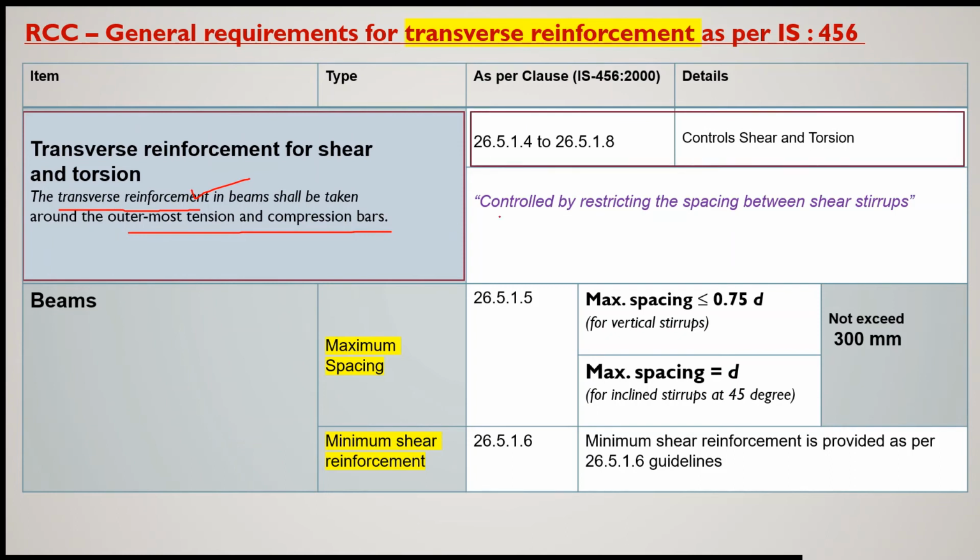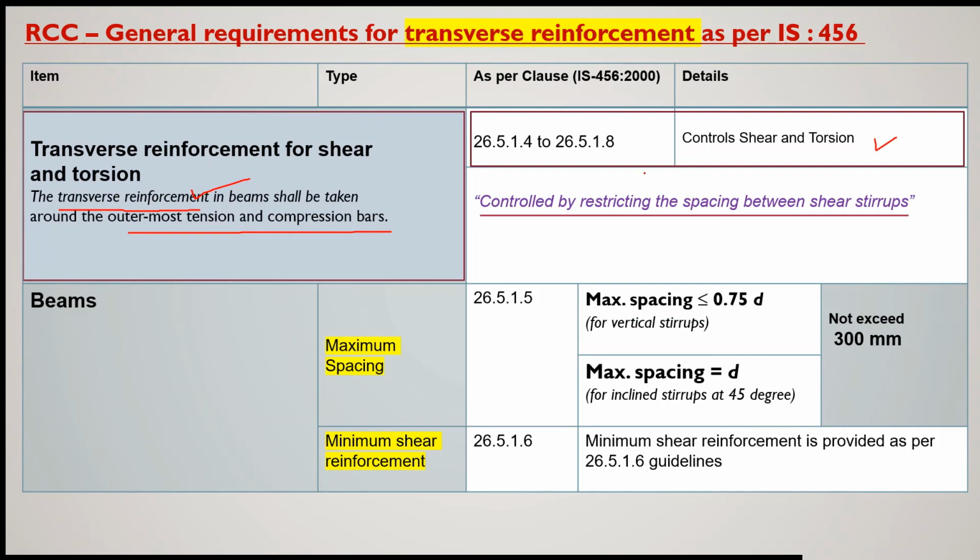And for that you have to refer to various clauses, 26.5.1.4 to 1.8. All these clauses will give you guidelines regarding control of shear and torsion. Basically, when you design shear stirrups, you will design the spacing between the shear stirrups.